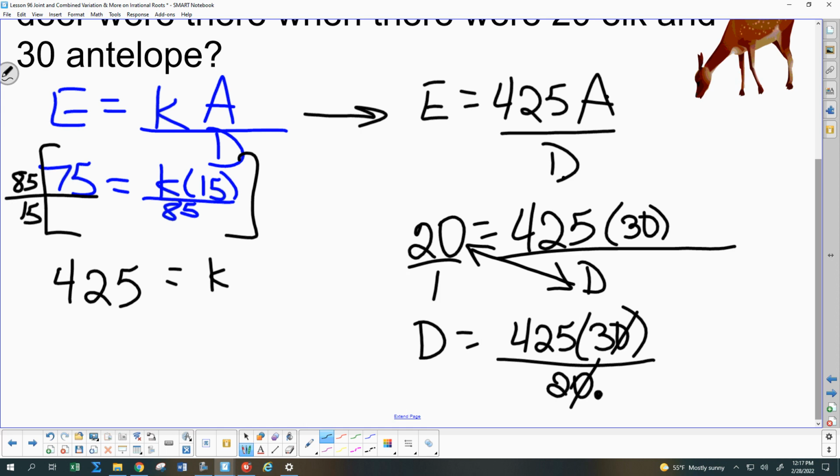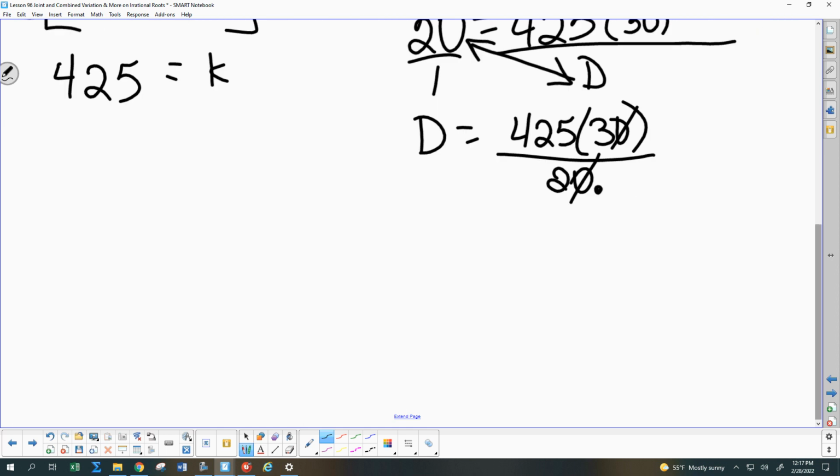So Abby, do you have our number of deer yet? Yeah. That's what I'm saying. It would have been an improper fraction. And to my brain, 637 and something makes a whole lot more sense than 1,300 and something over 2 would.